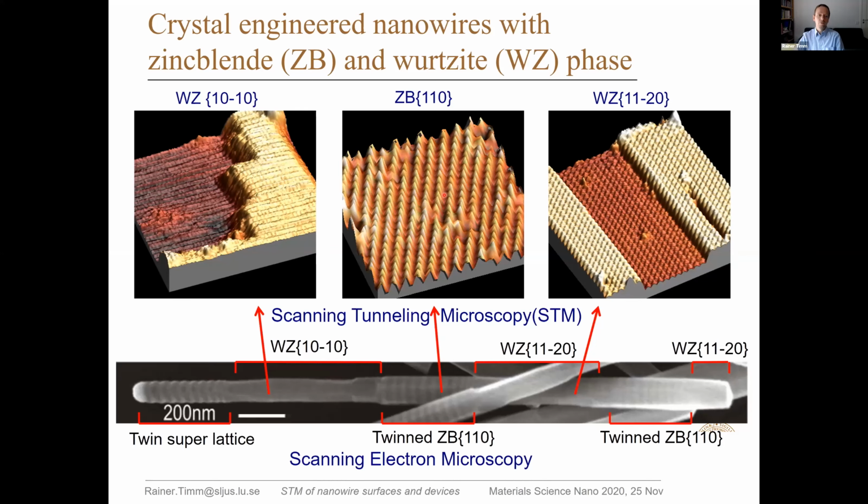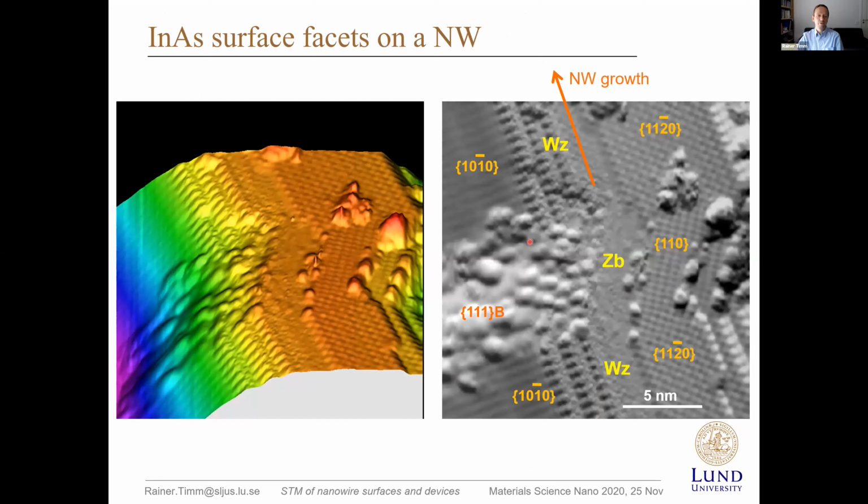If we then go towards a realistic surface, this is the same area, only in a 3D visualization. This is an indium arsenide nanowire, where this here is the side facet, which is upright, where we can place our STM tip on top. So we come here with a hexagonal structure. You see these zigzag lines that are individual atoms, which you can follow atom by atom.